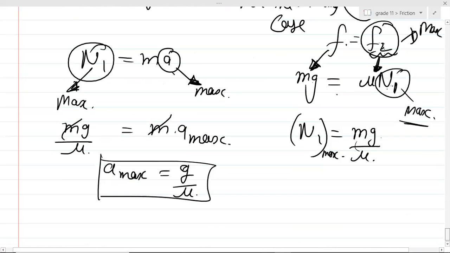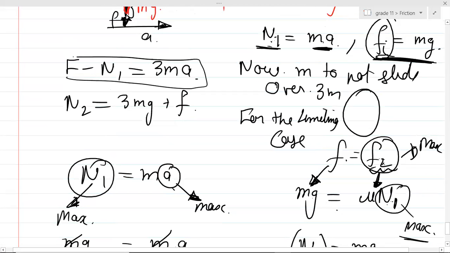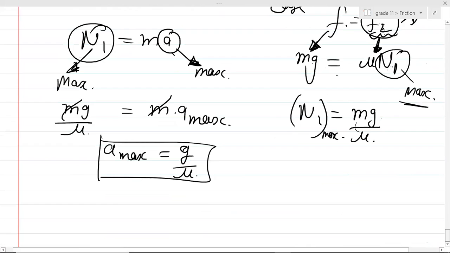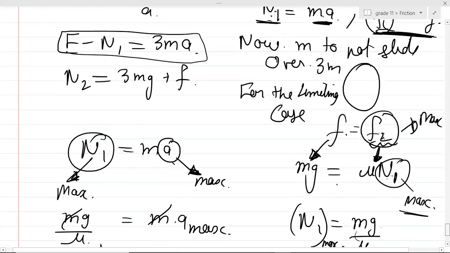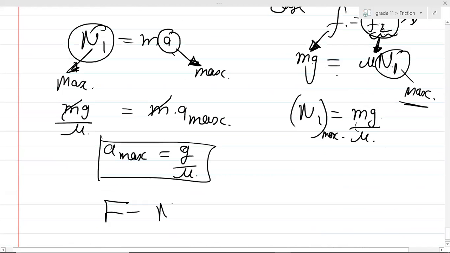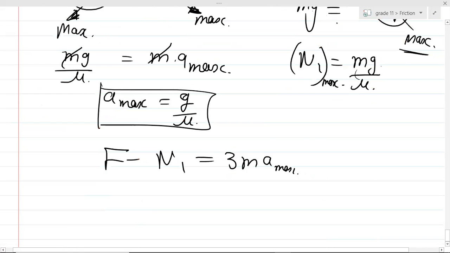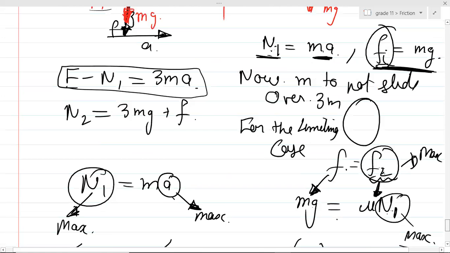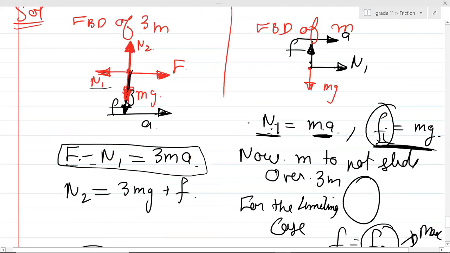Now, once you got the value of a max, you'll put it over here. This is the equation, the third equation is like this. You remember these two equations which we did in the beginning of the question, f minus N1 and N1 equals ma. From these two equations, can I write F is equal to 4 times of ma?